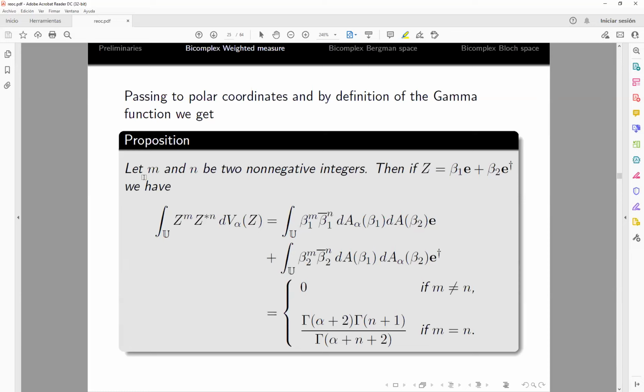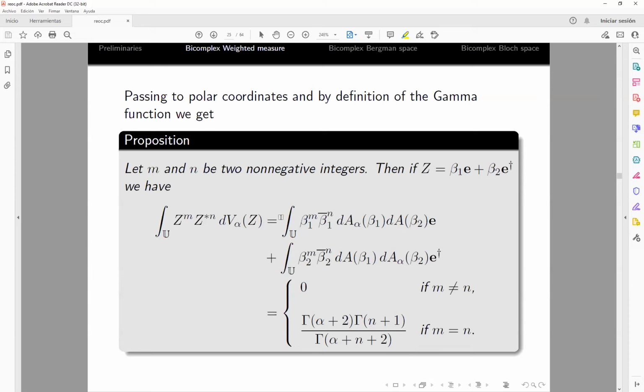If we consider m and n to be two non-negative integers, then if c is equal to this bicomplex number, we can calculate the integral on the disk of the product of these two monomials, zeta to the m and zeta star to the n, according to the weighted measure dB alpha.